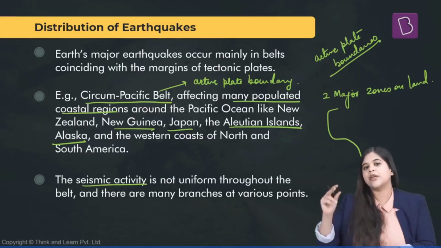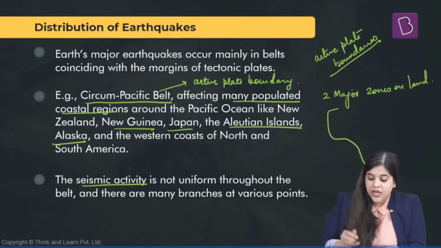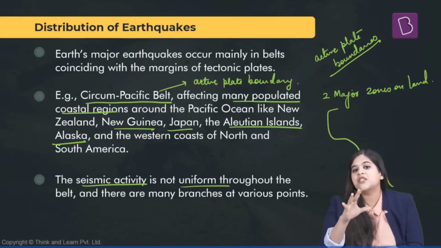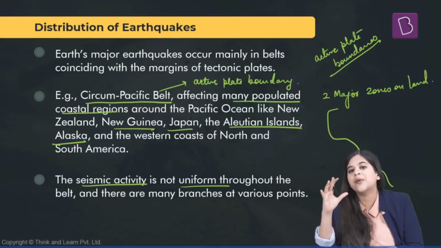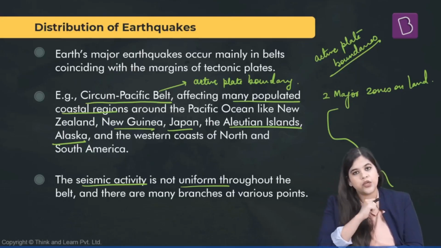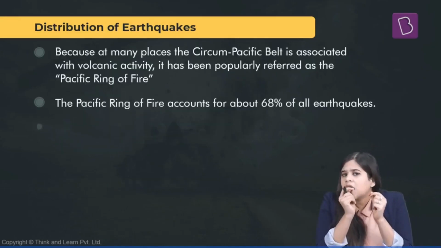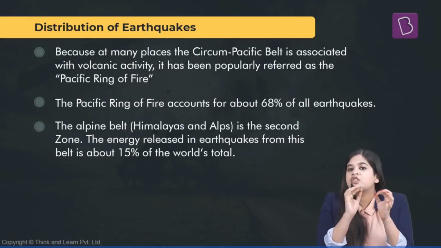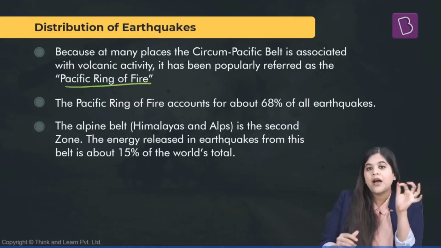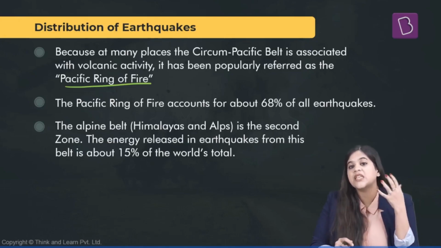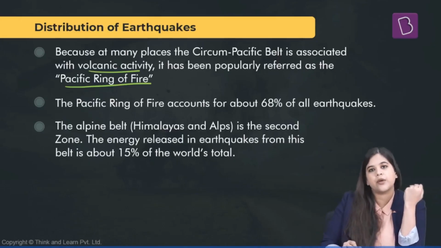The seismic activity across this whole belt is not very uniform throughout. There are various patches which are stable, while other patches are highly vulnerable towards earthquakes. Now, there is another name by which many of you must know this belt. Apart from earthquakes, this area also experiences a high amount of volcanic activity.